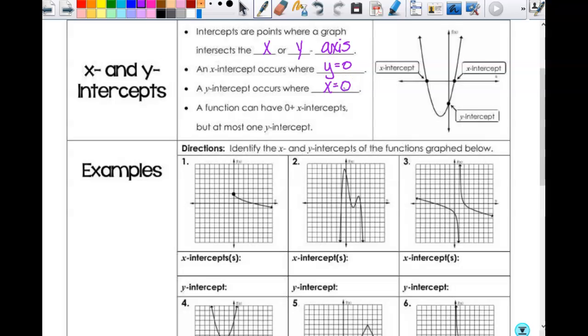A function can have 0 x-intercepts, or maybe 1, or maybe there's 4. But it can have at most 1 y-intercept. Why can't it be more than one y-intercept?